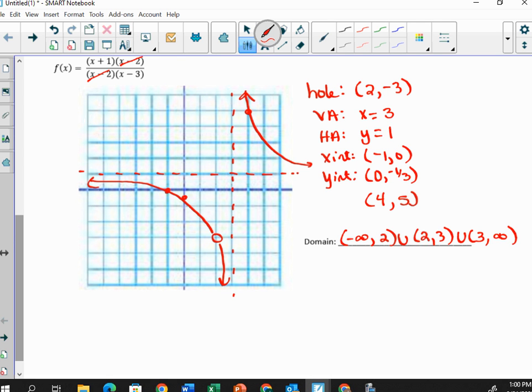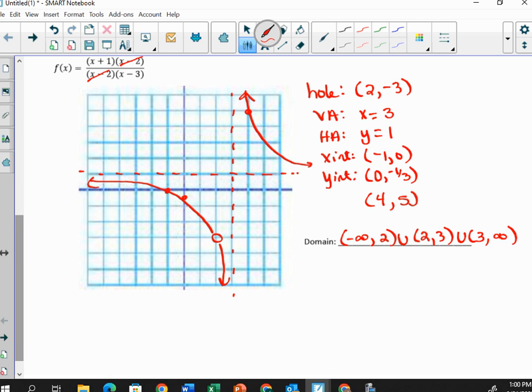Makes sense. So if you look at the graph, you see how the hole and the vertical asymptote go to the x values that we're not using. So that's what your domain is saying. If you're starting at negative infinity, we're going to skip over 2 because there's a hole. And then you have to jump over 3 because there's an asymptote.